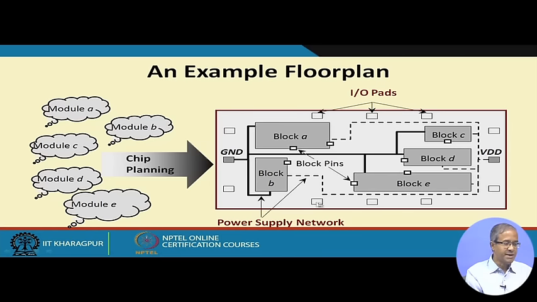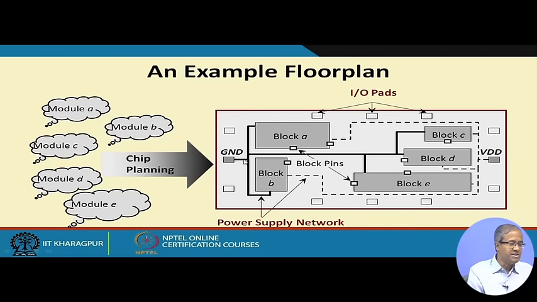In fact, in our lecture sequence, we shall be considering this sub problem later. In addition to creating the floor plan, we are also tentatively fixing up the position of the external pins or the I/O pads. These are the positions from where our external connections will go out. And also the power supply lines.